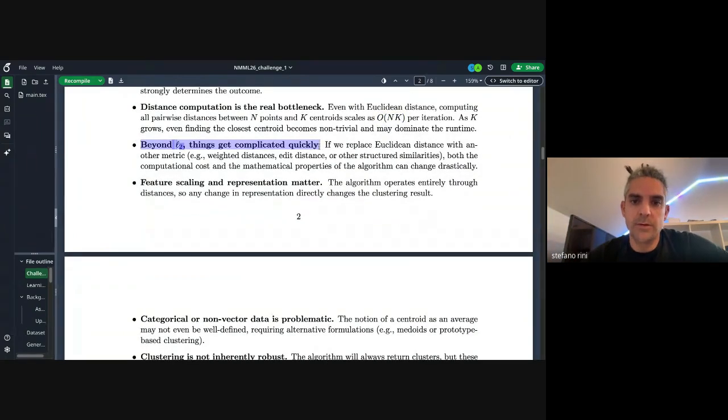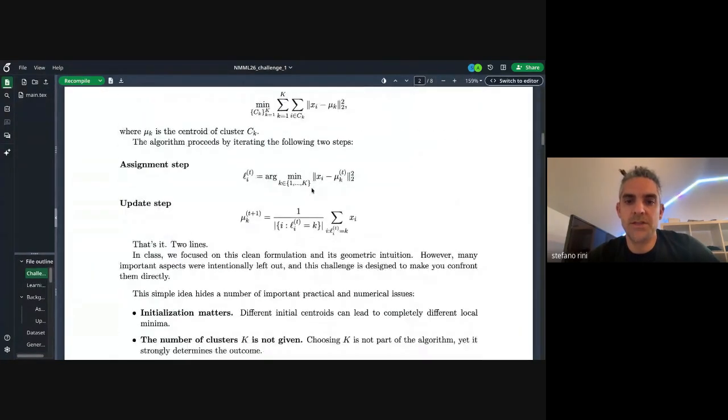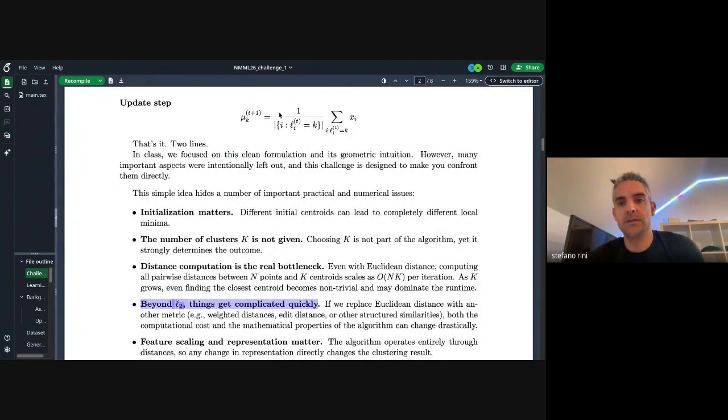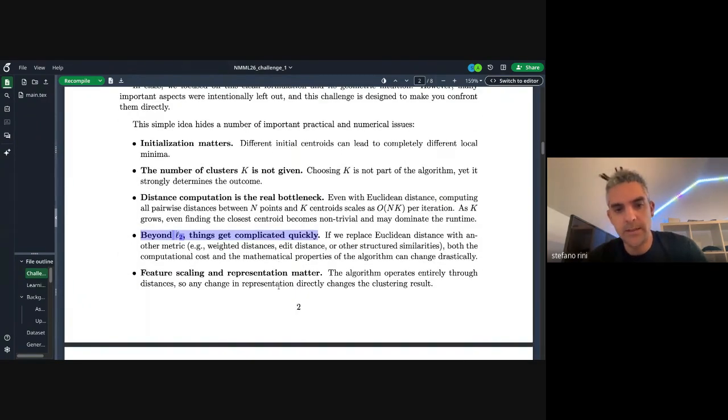Anything that you do beyond L2 gets pretty complicated, because how do you choose your centroid representative as the average of the other elements if this is not L2? This is true only when you're in L2. If you're in a different norm, then this step will need to be modified.